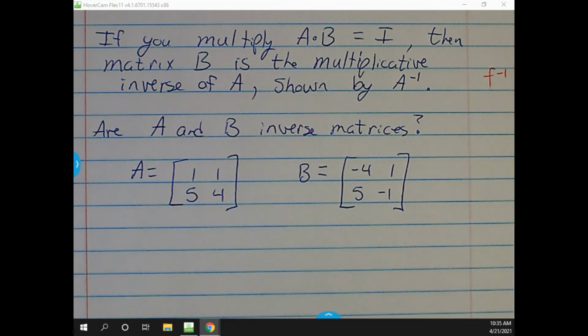So there's two matrices we're going to use in this case. A is 1, 1, 5, 4, and B is negative 4, 1, 5, negative 1.